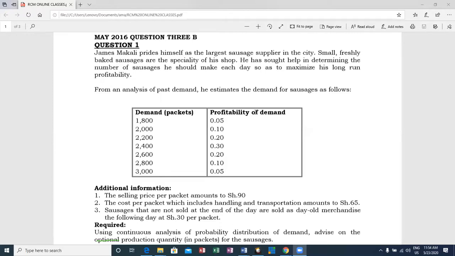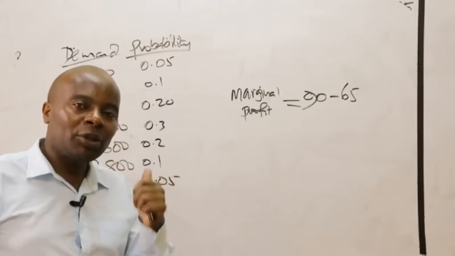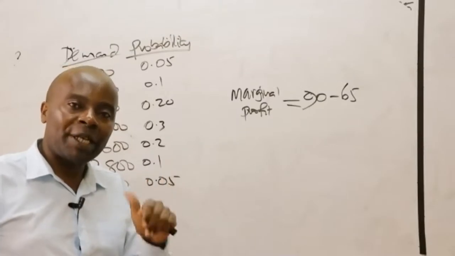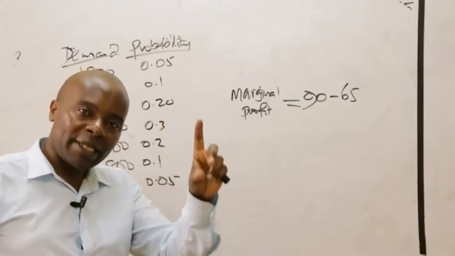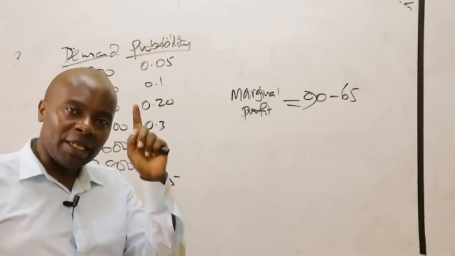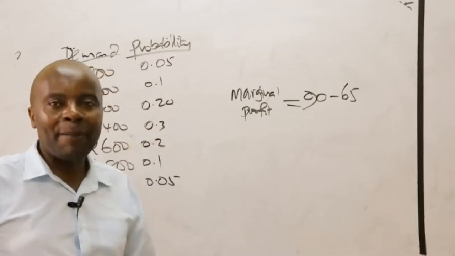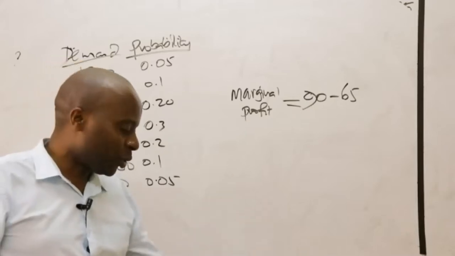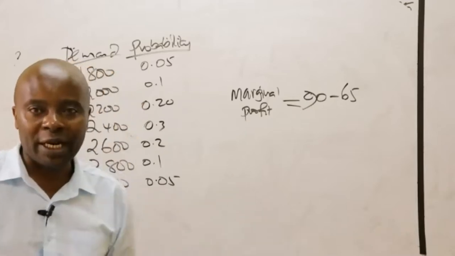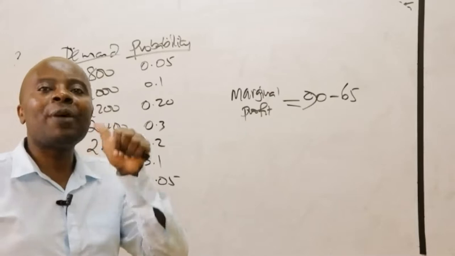If it's a question of a perishable item, never forget this marginal analysis. And how will I know that the question is about a perishable item? When you are told that the price of this commodity is reducing as time passes by. If you don't sell it today, you will sell it tomorrow, but at a lower price. Then that is an item that is perishing.